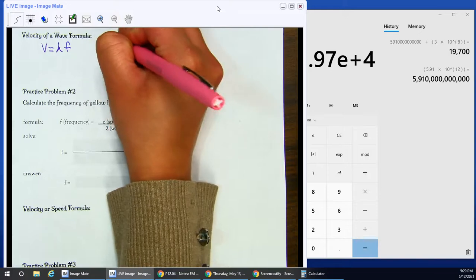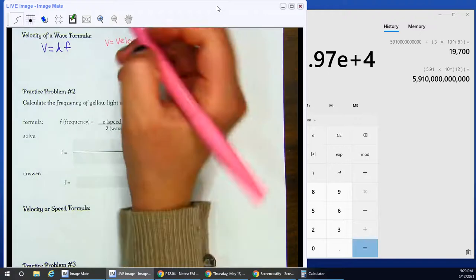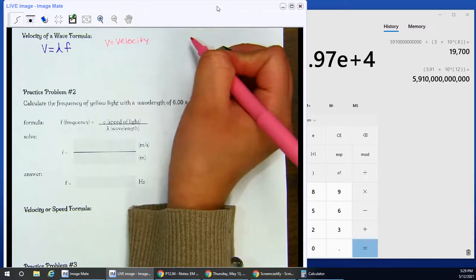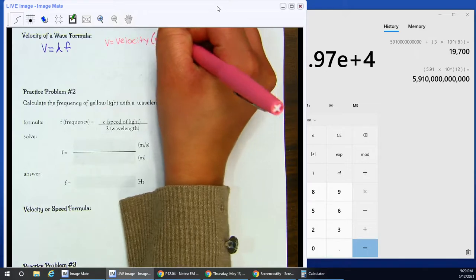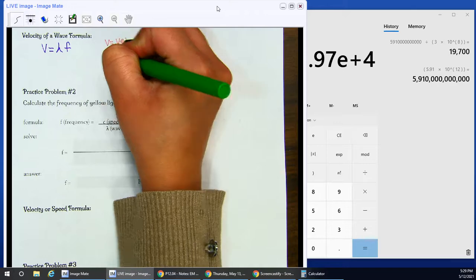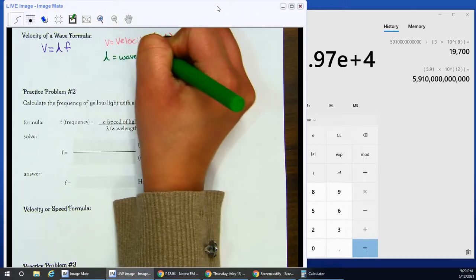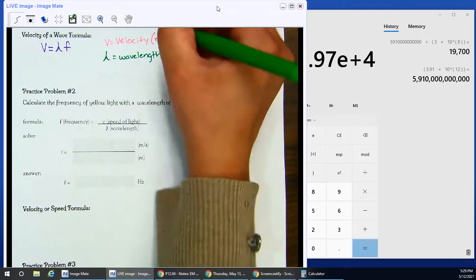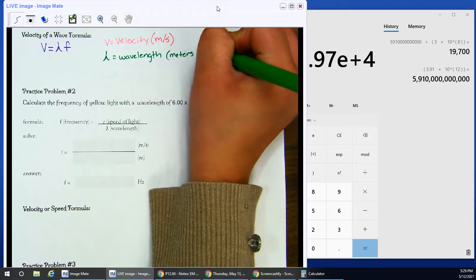V is for velocity of a wave. If I put a W here, that would be velocity of a wave, but I'm just going to leave it as velocity. And that's measured in meters per second. Then I have my wavelength. That's going to be measured in meters, m.